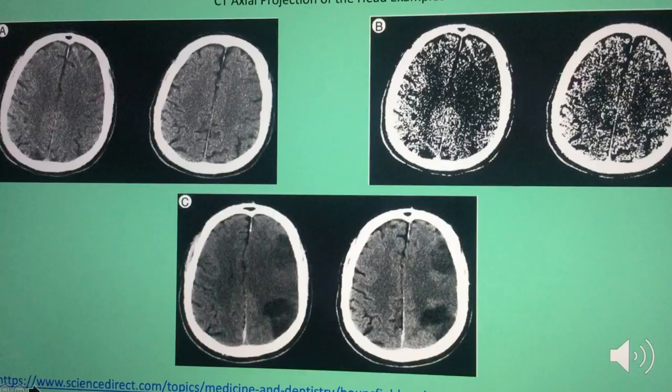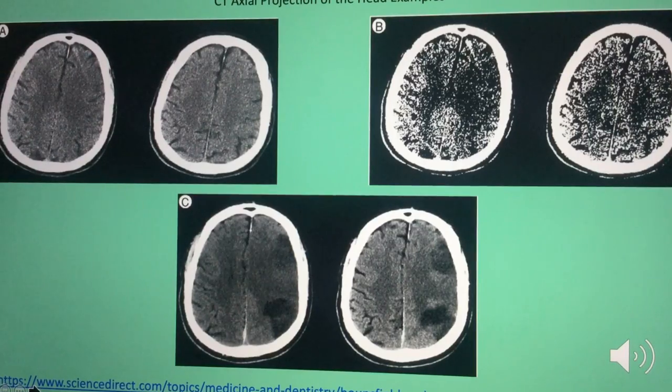Window width and center level in Hounsfield units are used to see specific pathologies or specific densities of tissues. We visualize in the first image, labeled A, an axial projection of the head.